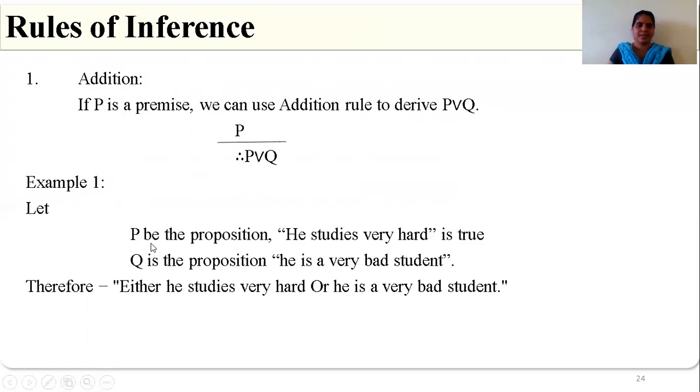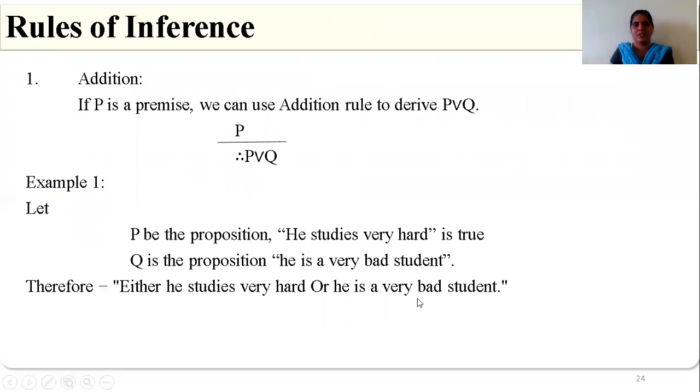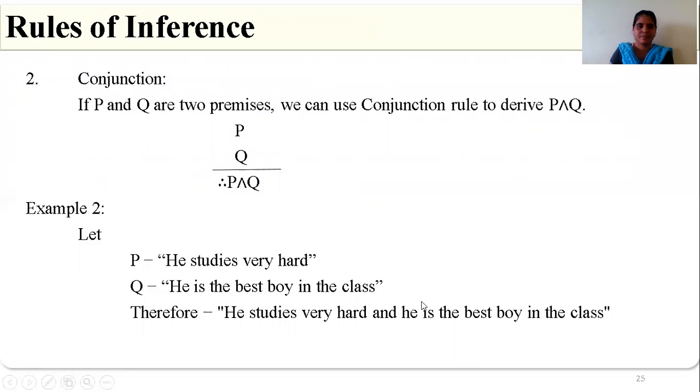Consider an example. Let P be the proposition: he studies very hard is true. Q is the proposition: he is a very bad student. Therefore, either he studies very hard or he is a very bad student.